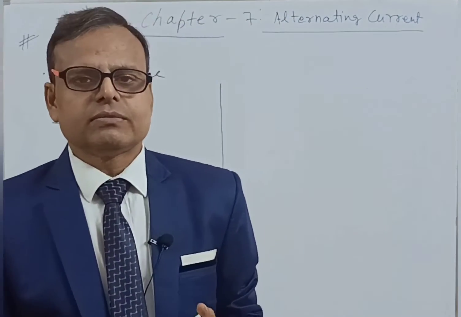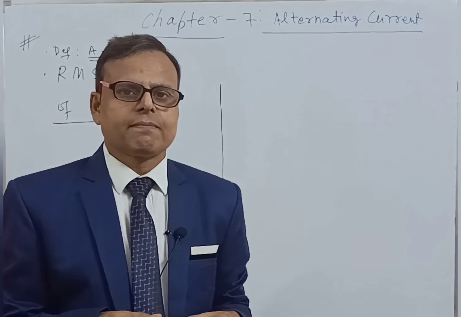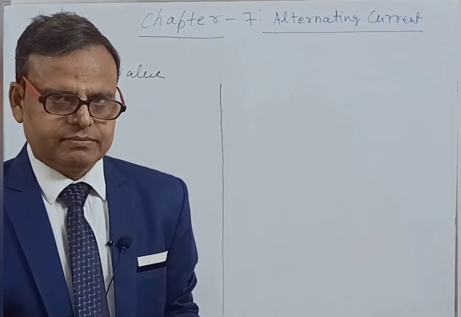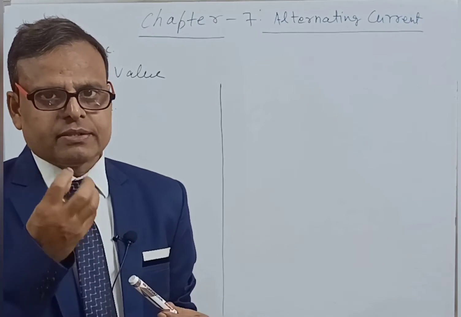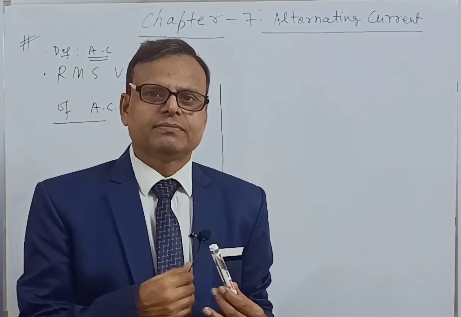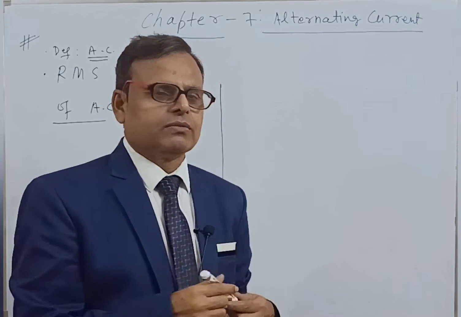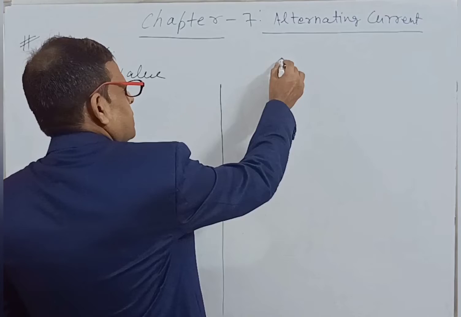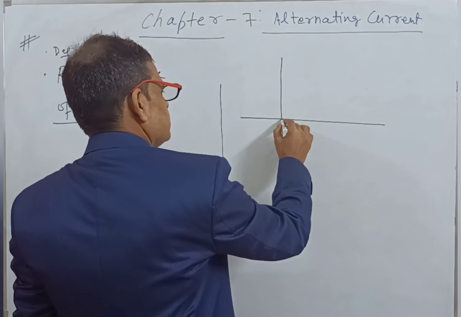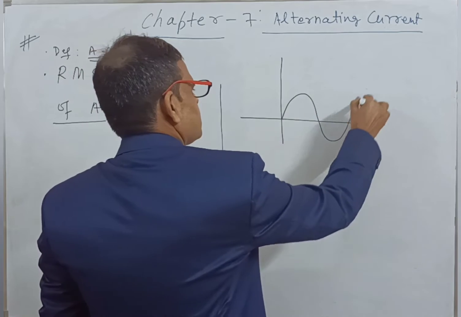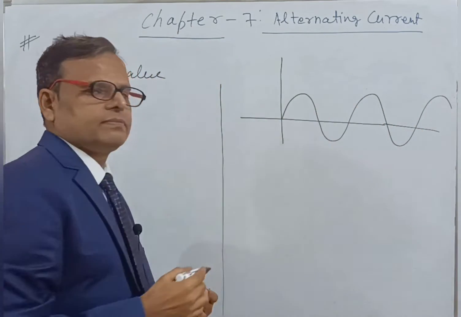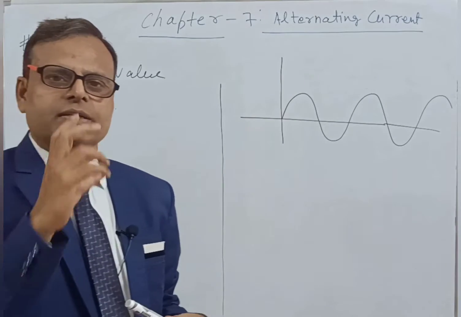So first of all, we should understand alternating current. The word alternating defines its meaning itself. How? The magnitude and direction of the current which changes periodically like that is called alternating current.